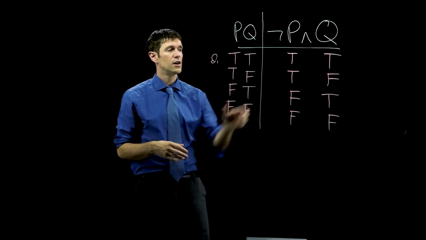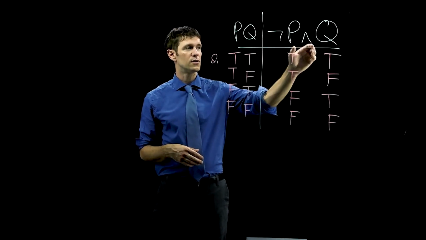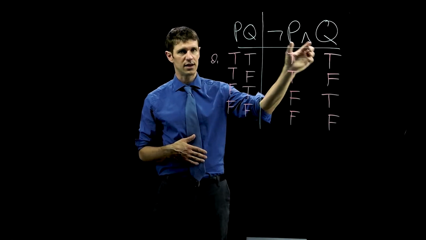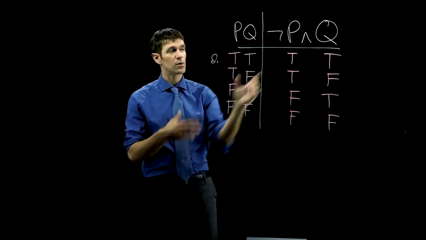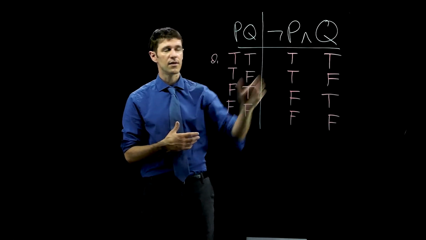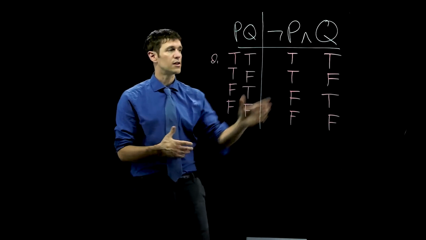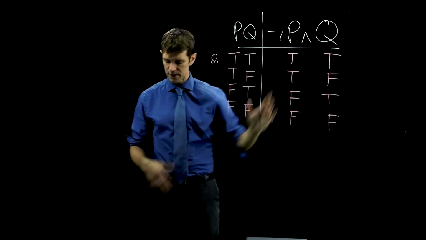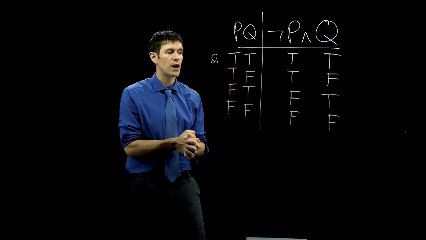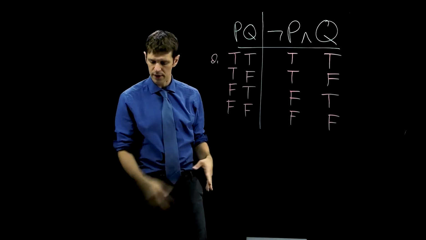In other words, you're going to write truth values underneath this negation and this sign for conjunction. When you write it under negation, that tells you what the truth value of not P is, and when you write it under the conjunction, that determines what the truth value of the whole formula is. So the question that people commonly have is, what order do I do it in?